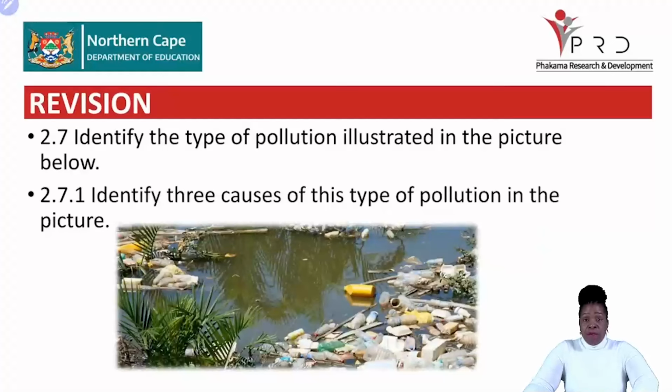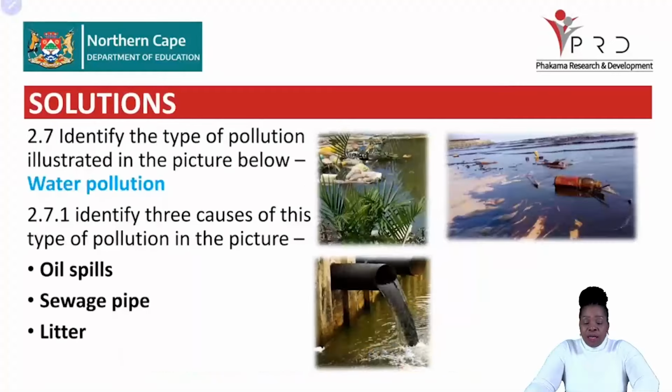Right, I'll also give you about 2 minutes again for us to answer the question. Welcome back, learners. The question was, we're supposed to identify the type of pollution illustrated in the picture. So this kind of pollution is called water pollution.